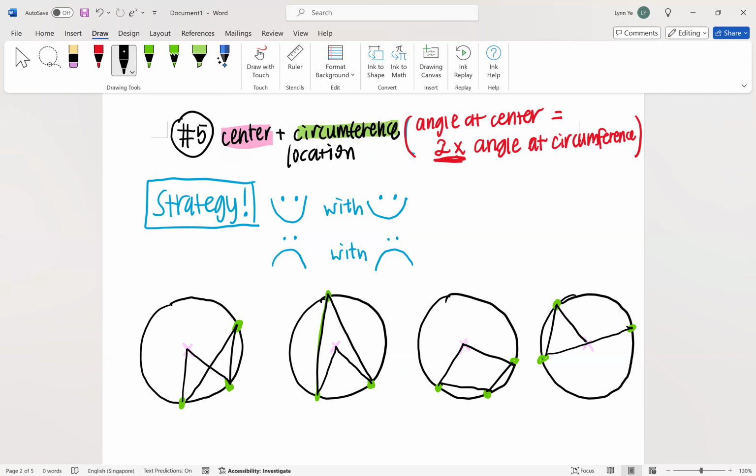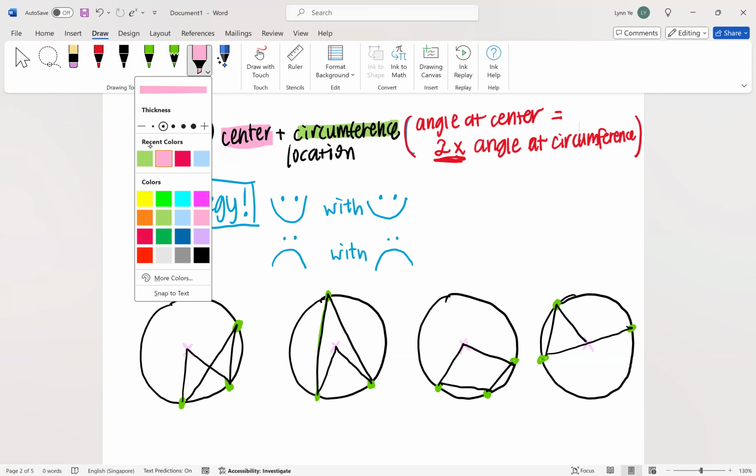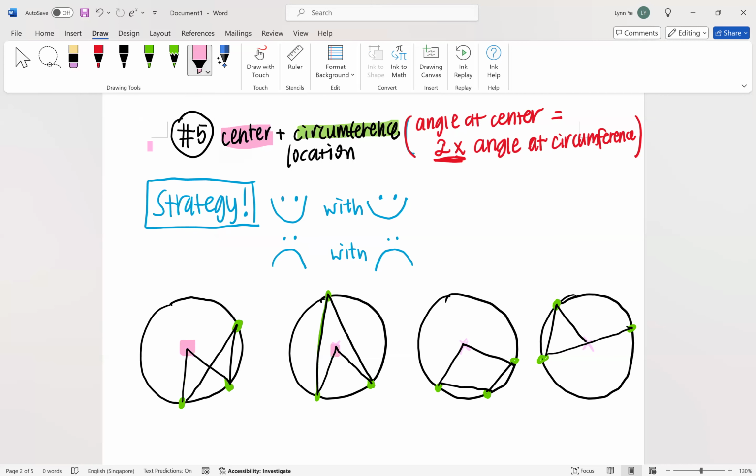Okay? So once you're ready, this one is the center. I don't think you can see properly. These are all the centers in pink. Don't forget to highlight this in pink and highlight this in green.